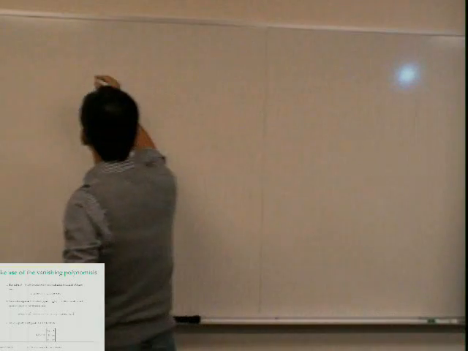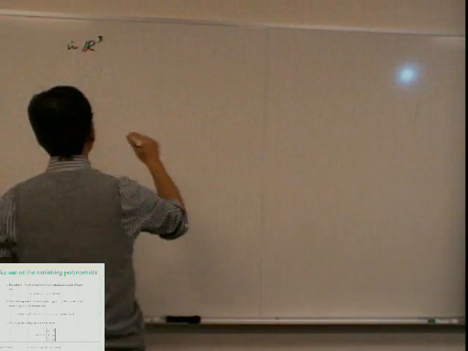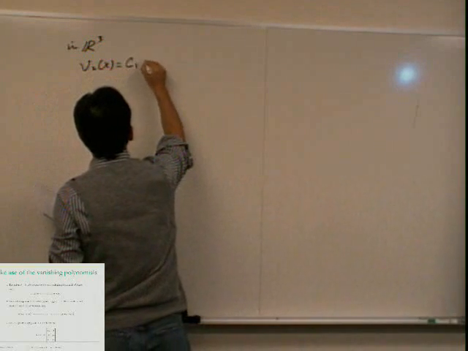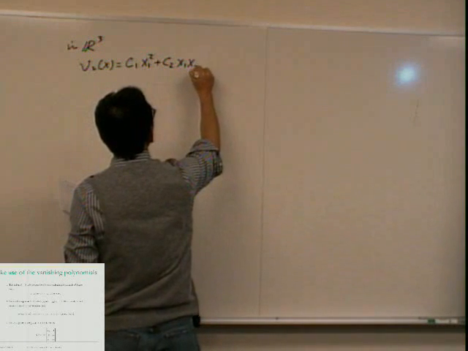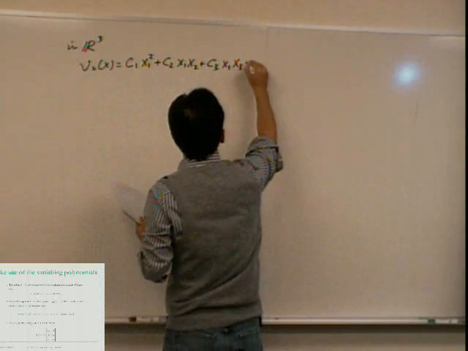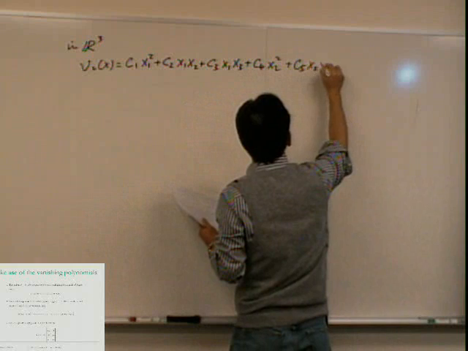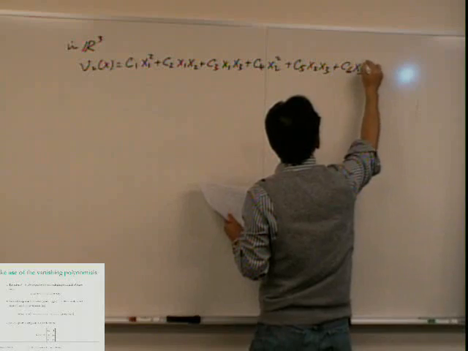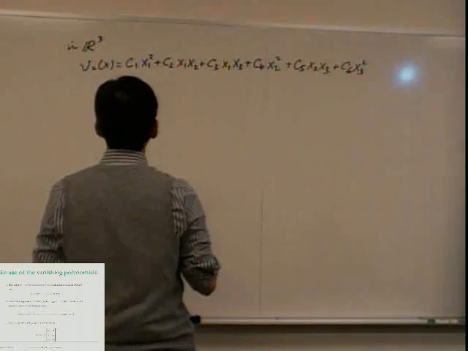So in R3, the Veronese embedding will give you c1 x1 squared plus c2 x1x2 plus c3 x1x3 plus c4 x2 squared plus c5 x2x3 plus c6 x3 squared. Okay? So that is one Veronese embedding of order 2.